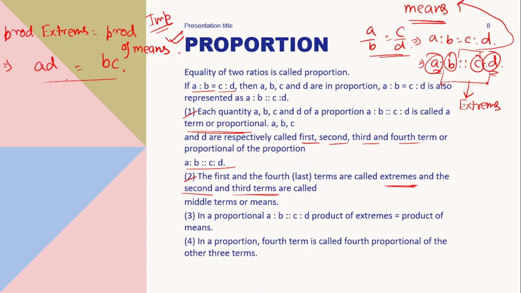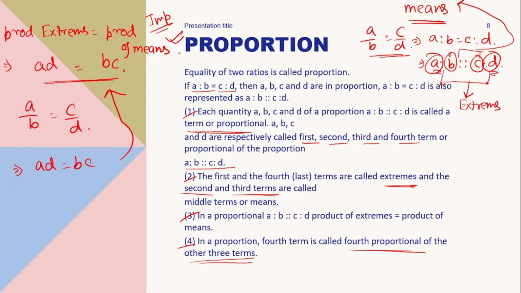So ad equals bc. You know that a by b equals c by d, so by cross multiplying we can write ad equals bc. This is also the same thing. In a proportion, the fourth term is called the fourth proportional of the other three terms. This is also our theory, so you can know about that.